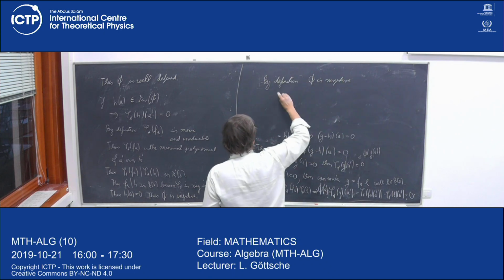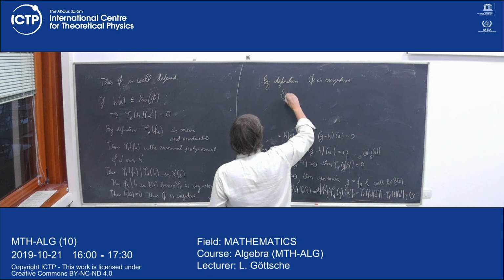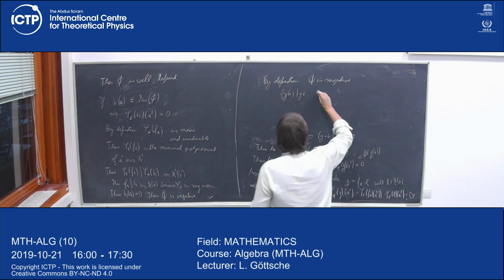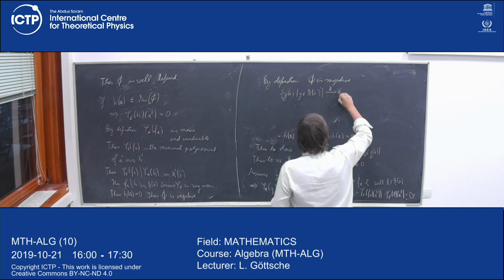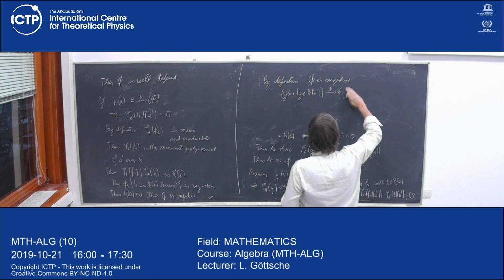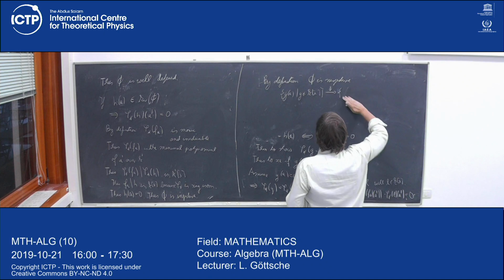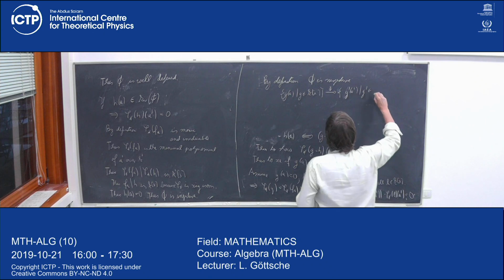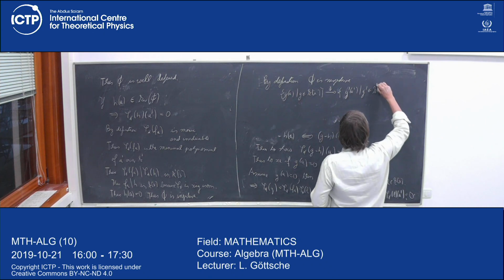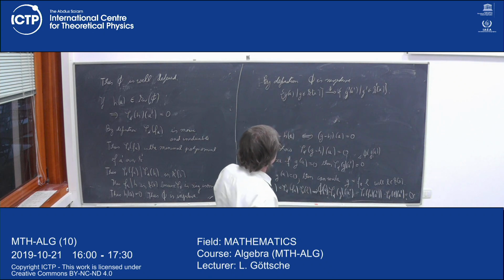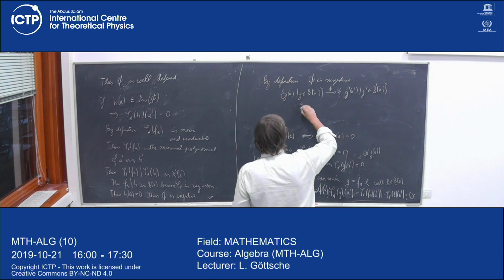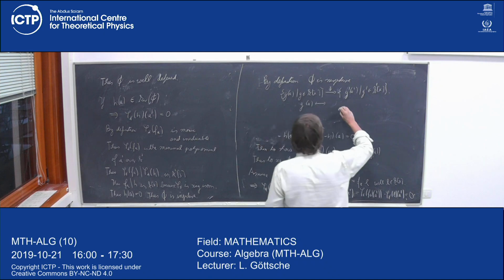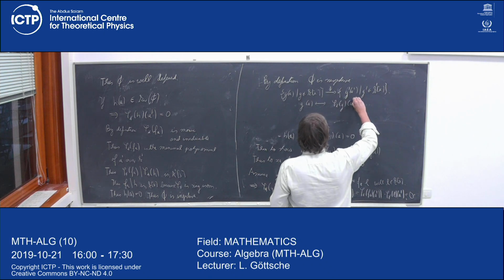Because the map was: I have here the set of all g of a, g in k[x], and I send it with phi to the set of all g prime of a prime, by sending g of a to phi star g of a prime.